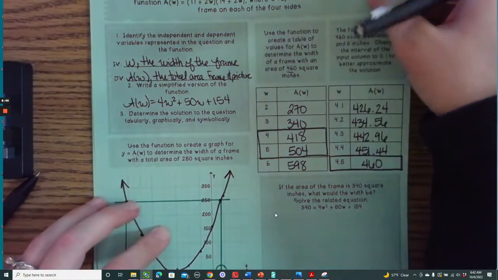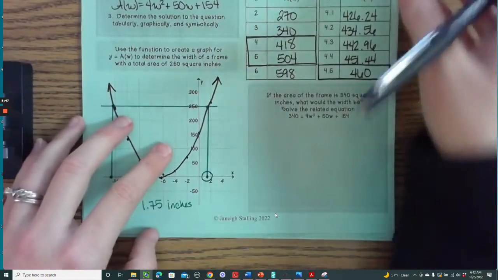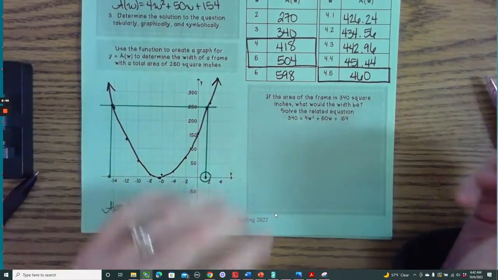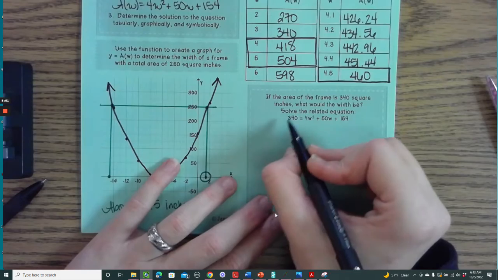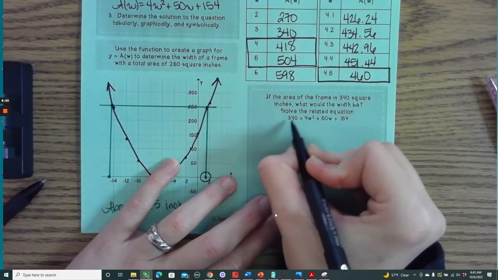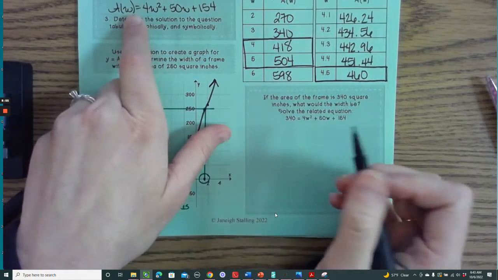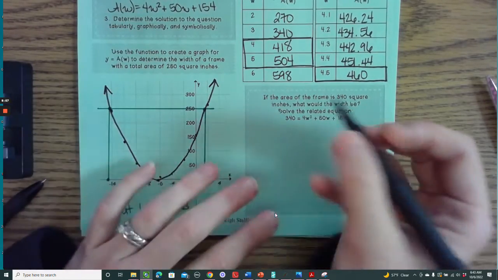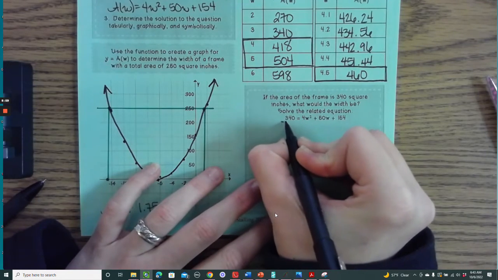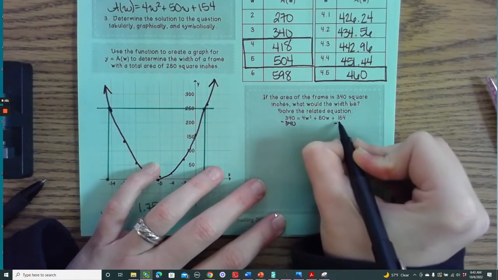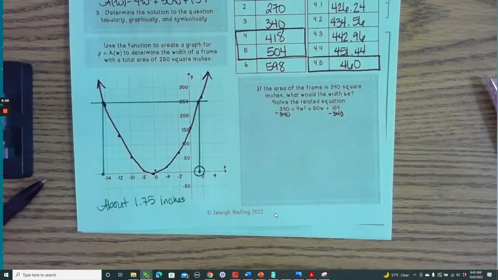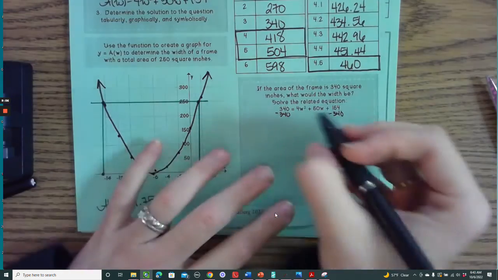All right, if the area of the frame is 340 square inches, what would the width be? Solve the related equation. So I can plug a 340 into my original function, and I can solve this. What I need to do first is get everything on the same side. I'm going to switch pens here so I can write a little bit smaller.